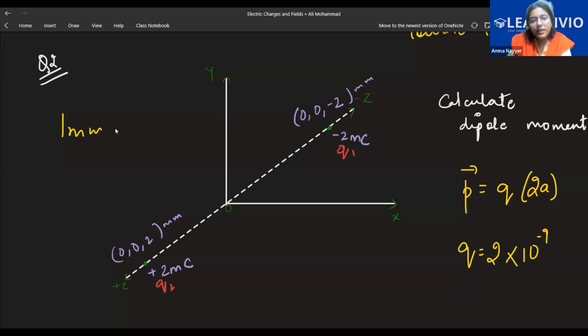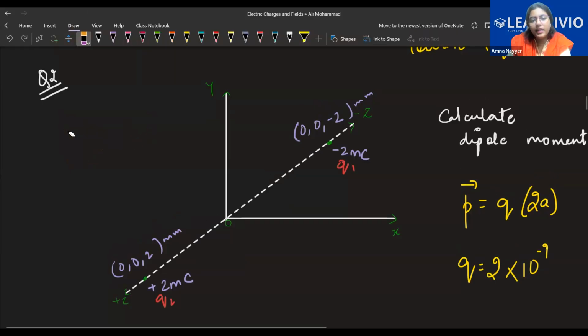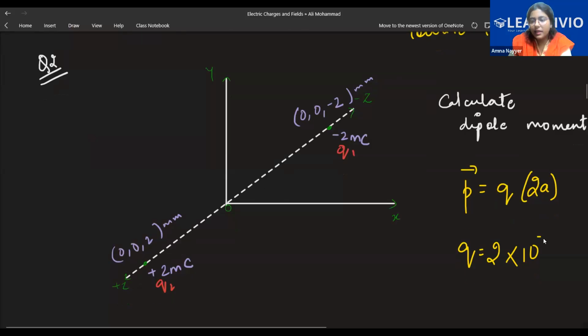What is 1 millimeter equal to? 10 to the power minus 3. So this is also milli only, no? 2 millicoulomb. So not 9. When it is 1 nanocoulomb, then it is 10 to the power minus 9. This is 1 millicoulomb. So milli is 10 to the power minus 3 coulomb.